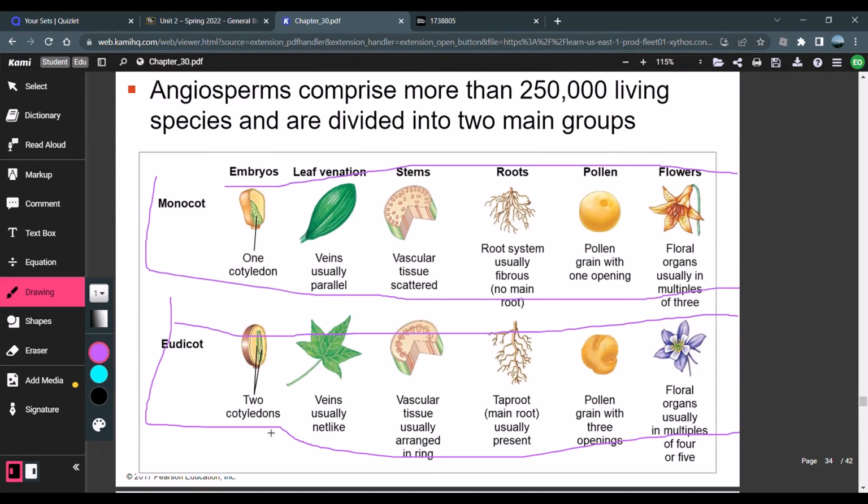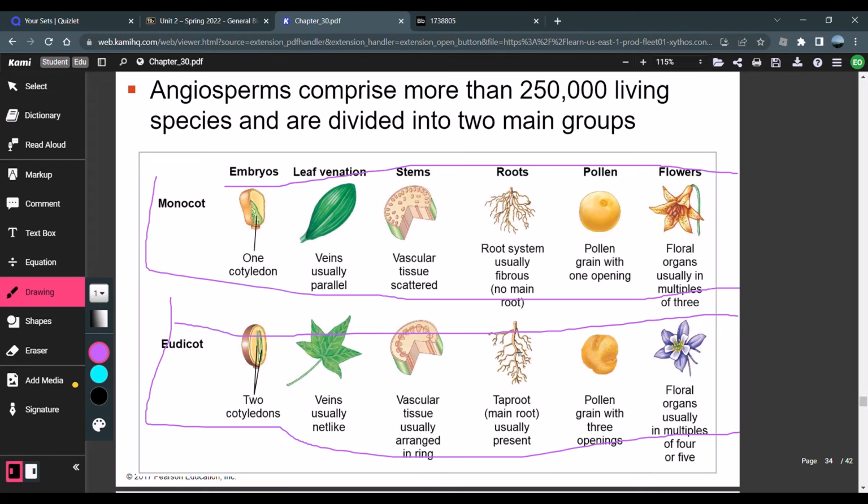So a eudicot has two, a monocot has one, and the eudicot has veins usually net-like, while veins in a monocot are just simple and parallel. Stems on a monocot are scattered around, unorganized. Vascular tissue is scattered, while in eudicots, they're more sophisticated and their vascular tissue is arranged in a ring.